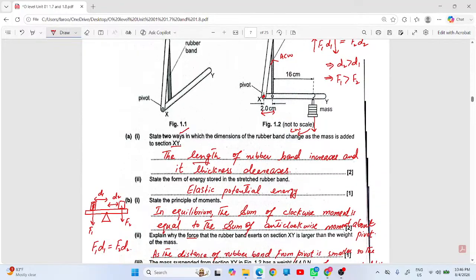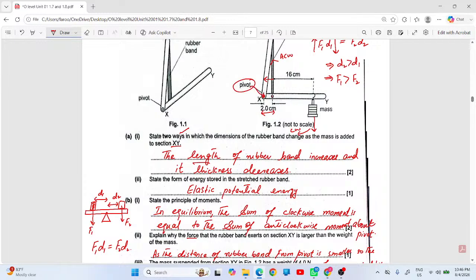गलती की है Abdullah. We always have to take a distance from pivot, not from the other point. ठीक है? We always have to take a perpendicular distance from the pivot. 16 is the distance up to the rubber band, not to the pivot. Pivot is the point ये लिखा हुआ है ना.